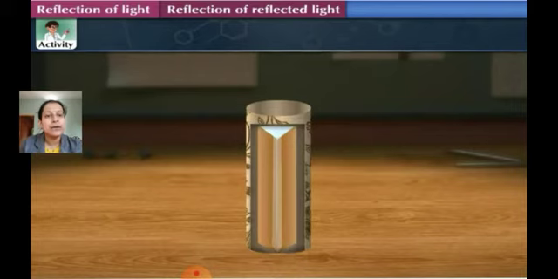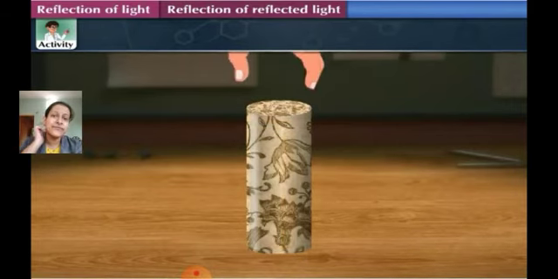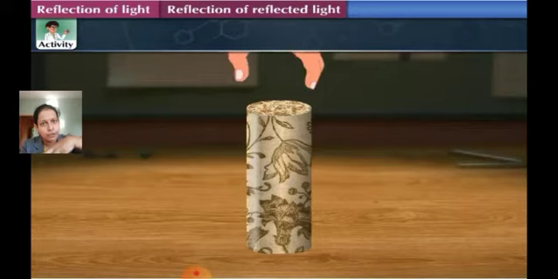Now after you place the mirrors, with the reflecting surfaces facing each other inside, you have to place them inside the hollow tube. Once you have placed them inside the hollow tube, you have to cut a cardboard in a circular disc, which can be placed above the hollow tube.